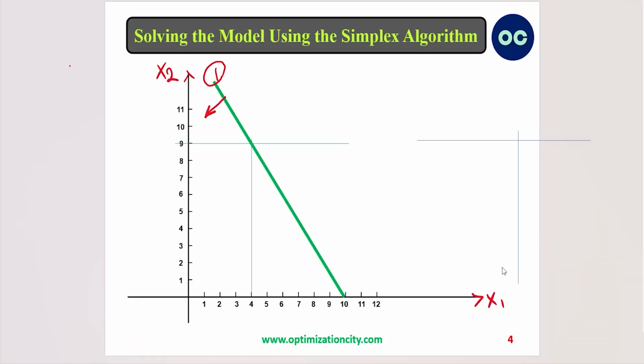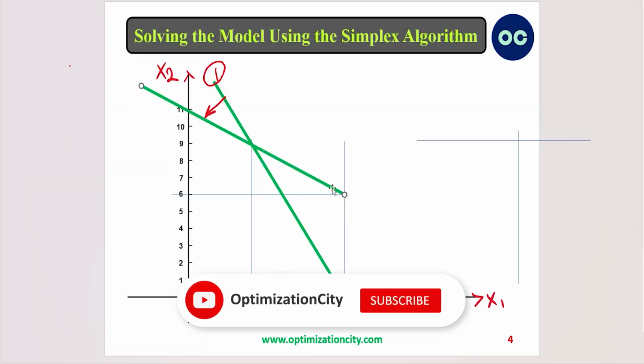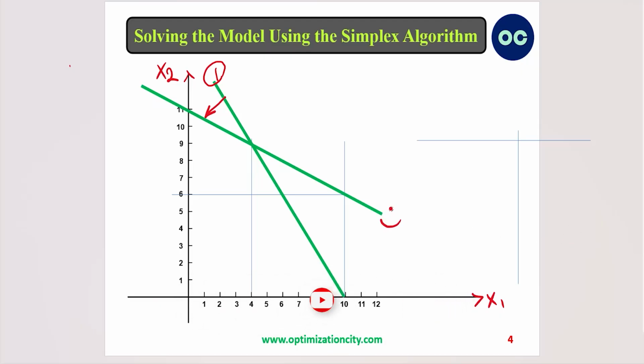So we plot (10, 6) and (0, 11). Okay, this is the second constraint.